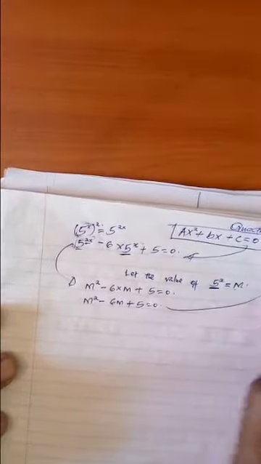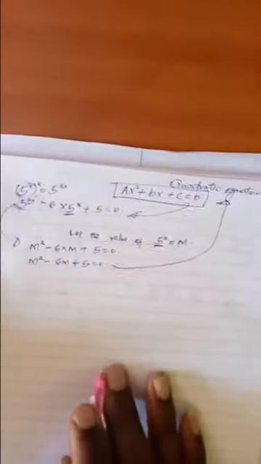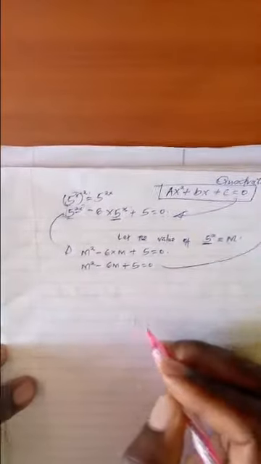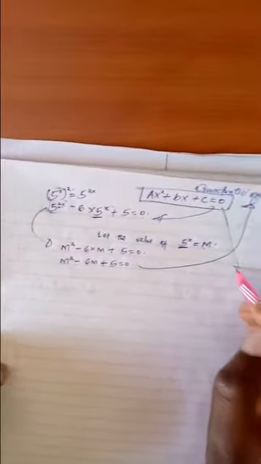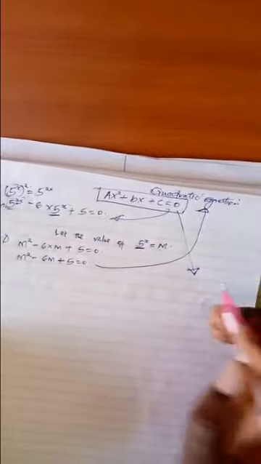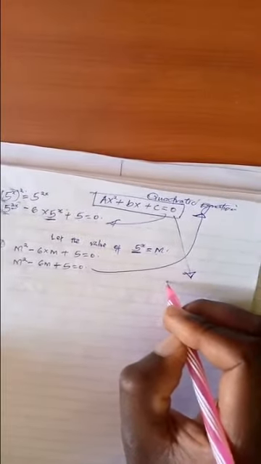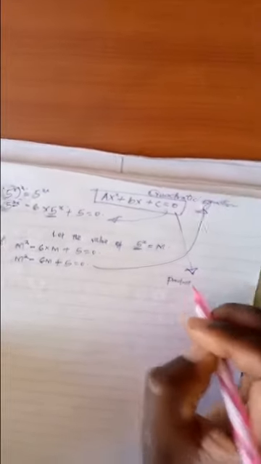Now this is a quadratic equation. There are so many ways to solve a quadratic equation, but I want to show you the easiest one. From this equation, if you can remember, you are required to find the product and the sum.